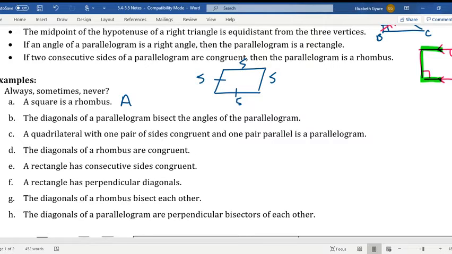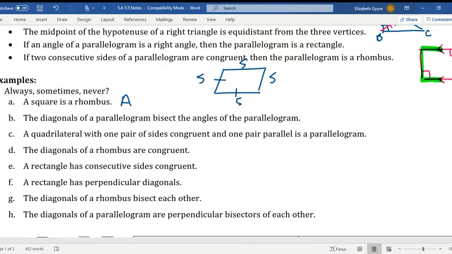The diagonals of a parallelogram bisect the angles of said parallelogram. Always, sometimes, or never. What I would think about when you decode this, guys, isn't it just saying parallelogram?